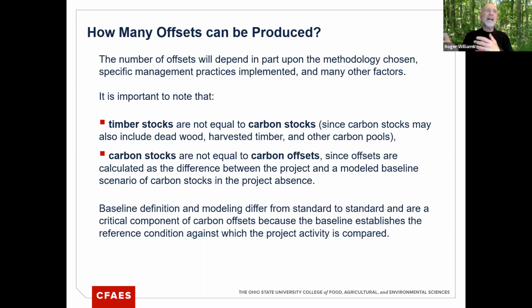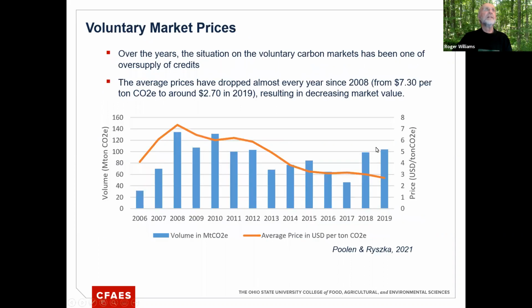So the baseline definition and modeling differ from standard to standard and are a critical component of carbon offsets because the baseline establishes the reference condition against which the project activity is compared. Now, trying to find some of the most recent data, the voluntary market prices. Now, the voluntary market prices are somewhat volatile.